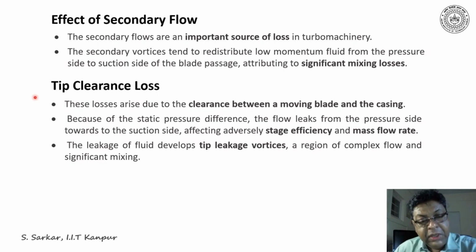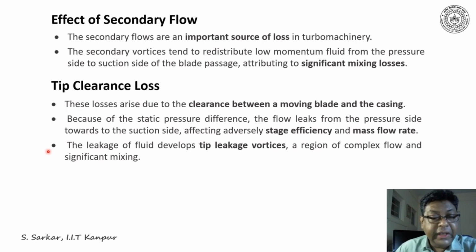Now, let us appreciate the tip clearance loss. This loss arises due to the clearance between the moving blade and the casing. Because of the static pressure difference between the suction and the pressure side, flow leaks from the pressure side towards the suction side, affecting adversely stage efficiency and the mass flow rate.